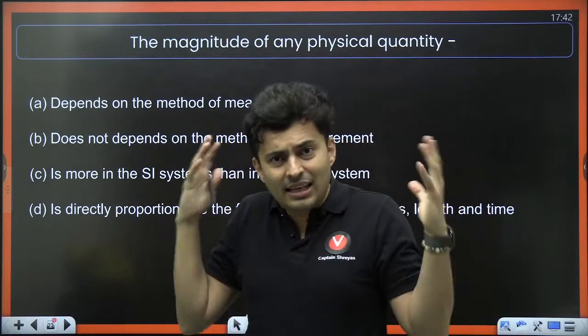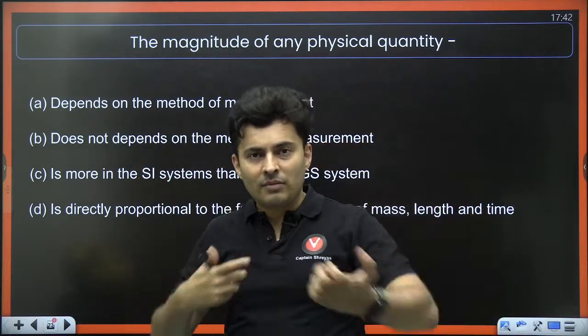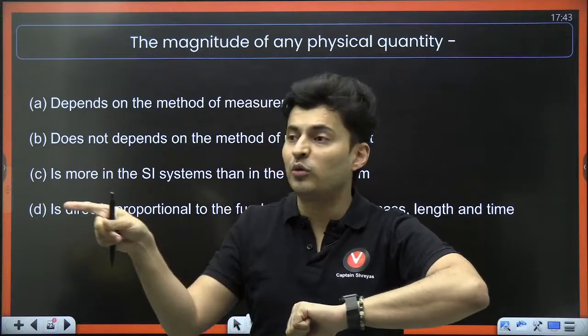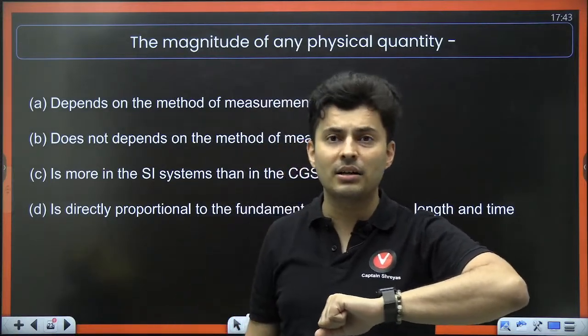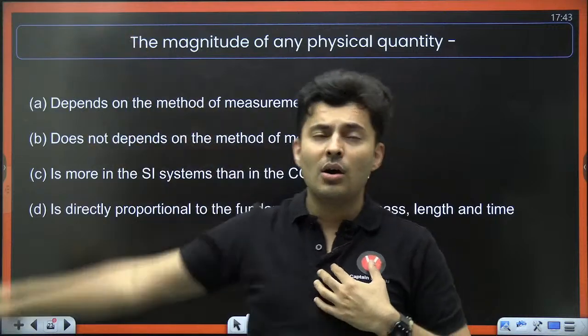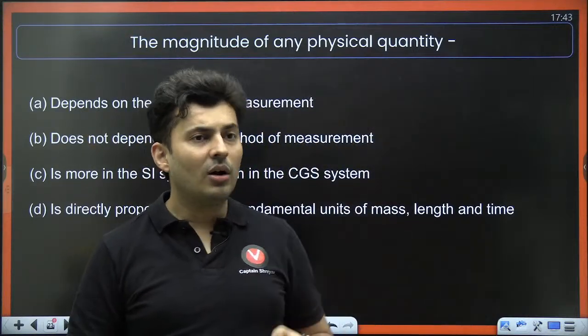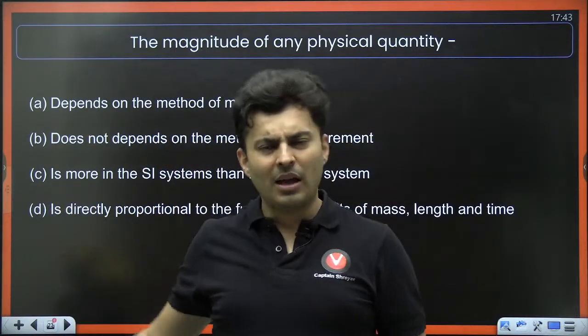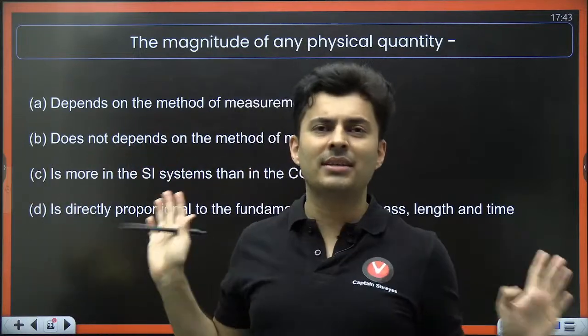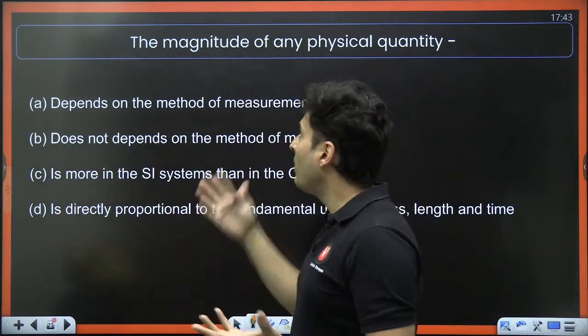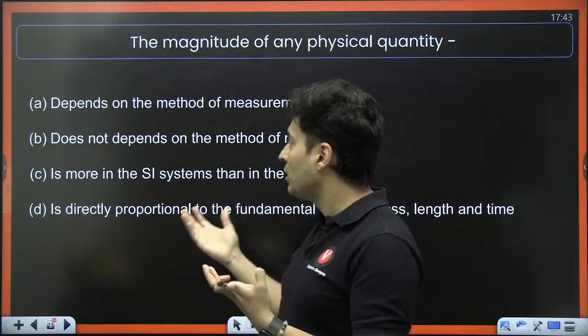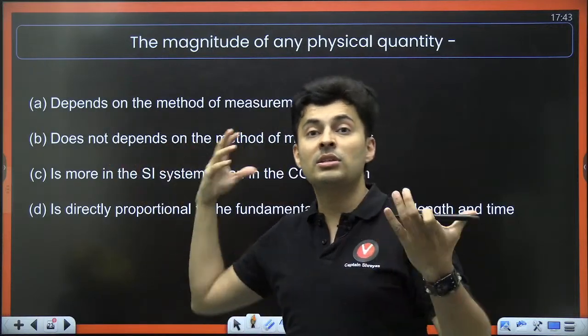Whatever the length is, that length will remain the same, no? Whether I use my watch to measure how fast you are moving or how quickly you reached here, or a wall clock, or computer clock, or a pendulum, everybody will say you took this much time. How will the magnitude of any quantity change because you measured it using a different instrument?